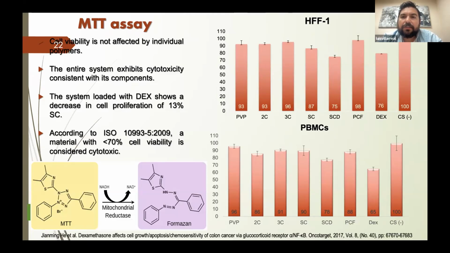We exposed these cell lines to different layers of the system. For example, the PVP pristine nanofibers, the second layer, the third layer, the mucoadhesive system, the polycarbophil polymer alone, the dexamethasone, and so on, and a positive control.